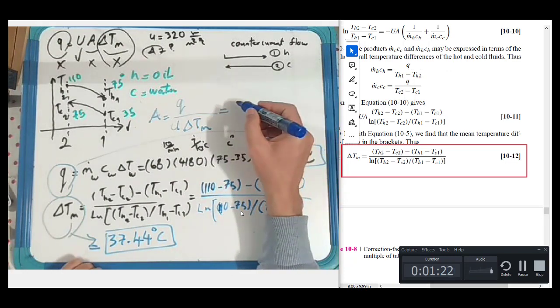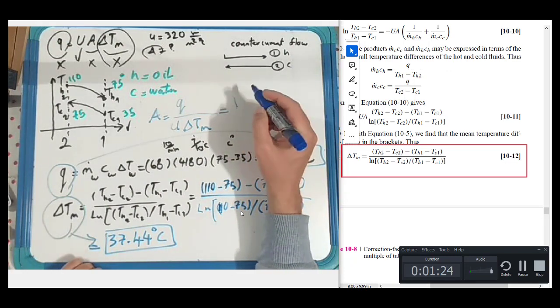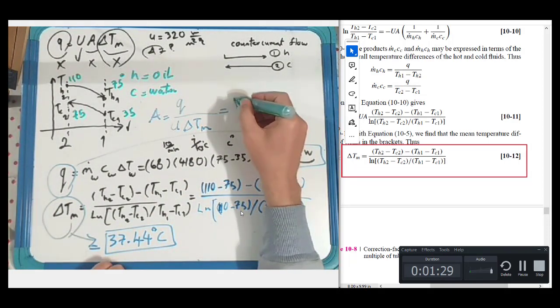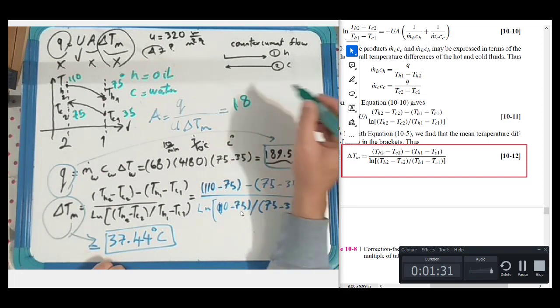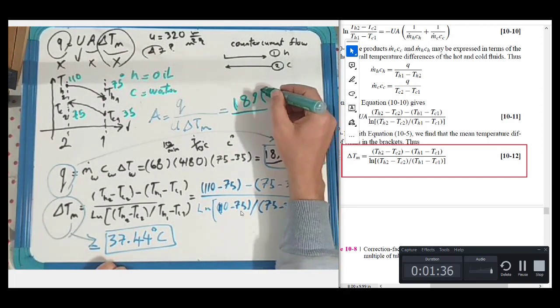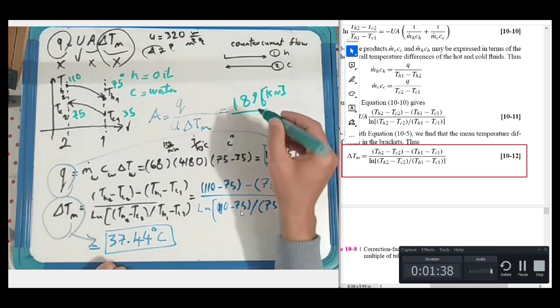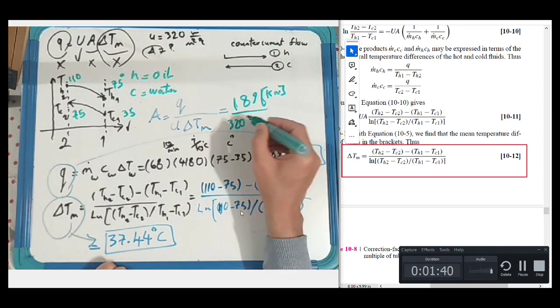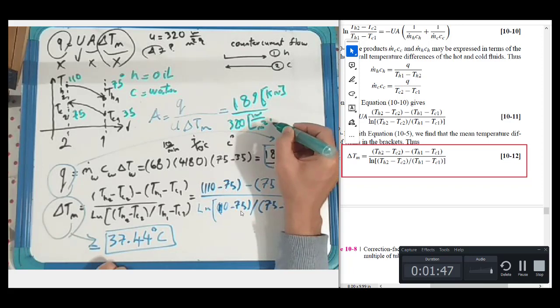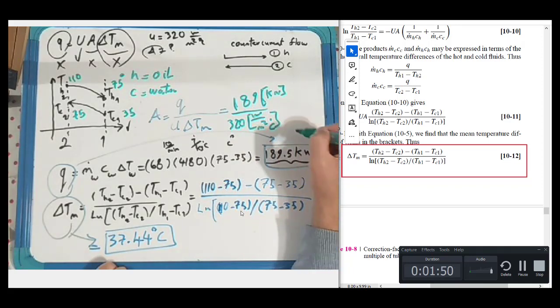Let me substitute that. 189 kilowatts divided by U, 320 watts per meter square degree Celsius, and delta Tm, which is 37.44.